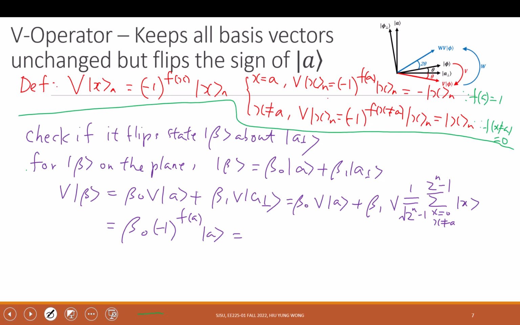I apply V to x, which just equals beta 1 over square root of 2 to the power n minus 1, summation x equal to 0, x not equal to A, 2 to the power n minus 1, of negative 1 to the power f of x, with x not equal to A, times x.